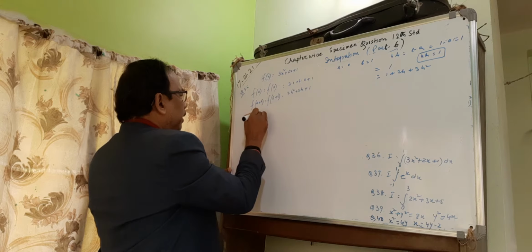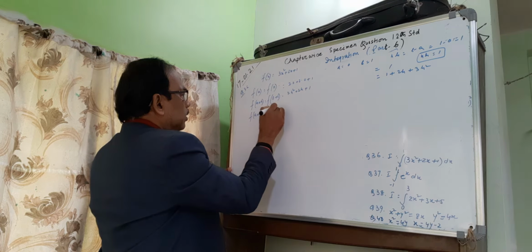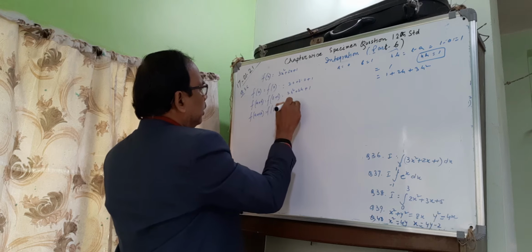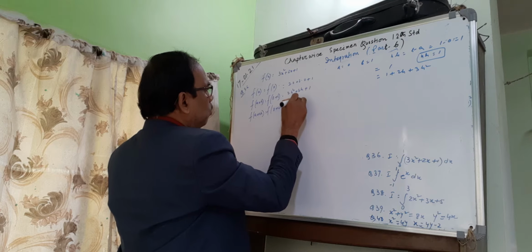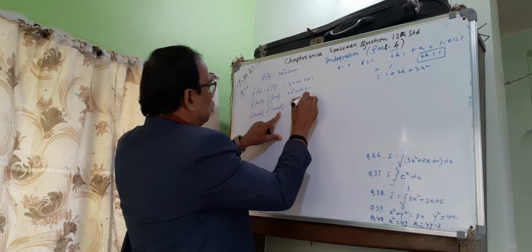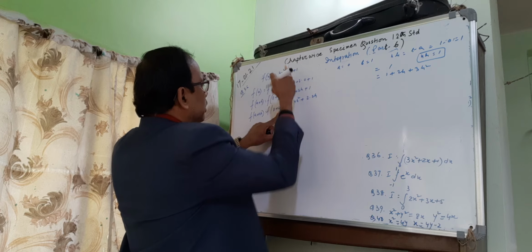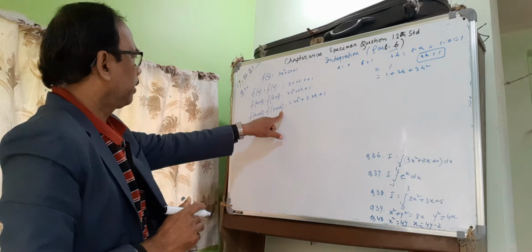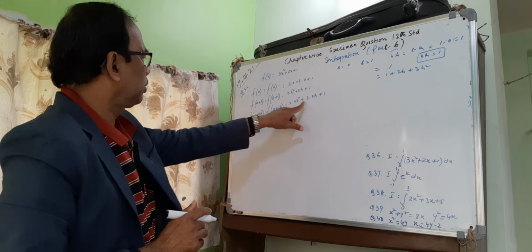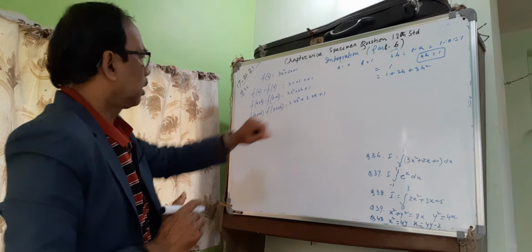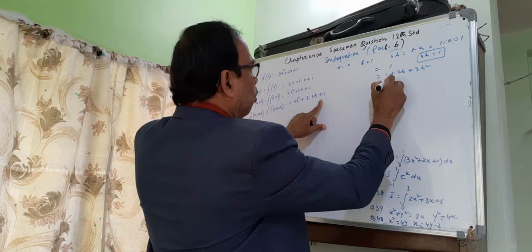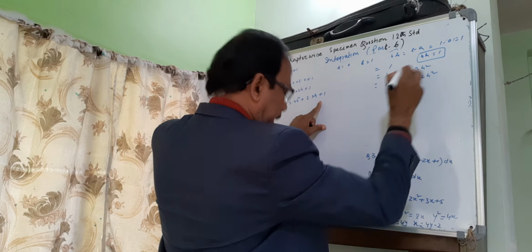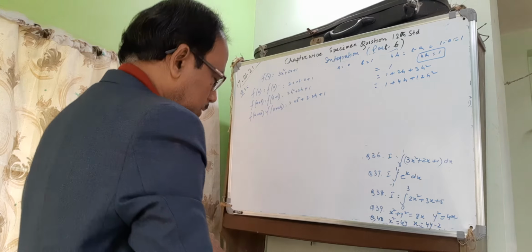f(a plus 2h), that is f(0 plus 2h): 3 into (2h) square, that is 4h square, plus 2 into 2h, plus 1, that equals 1 plus 4h plus 12h square.